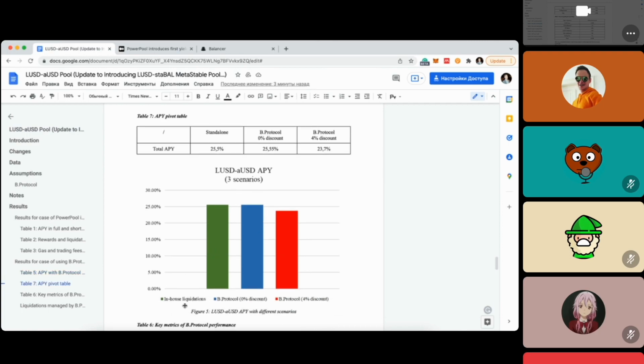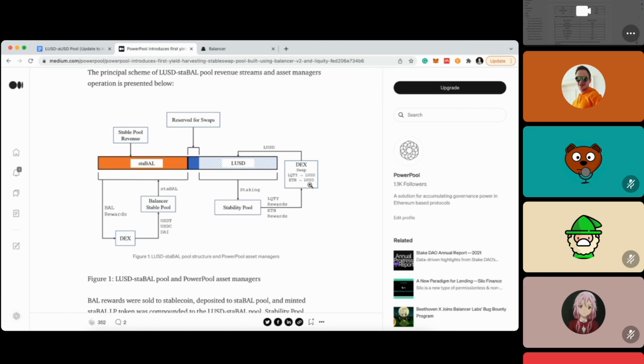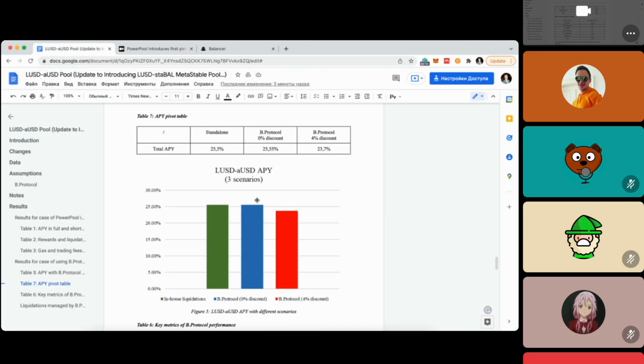In-house liquidations is of course the best result, but as I said before, nobody guaranteed that you can sell Ethereum for LUSD at the price that it was at the time we got this Ethereum, when the market is going down really fast. Also it's important to note that if we use B protocol, we save a lot of development time and costs for projects.